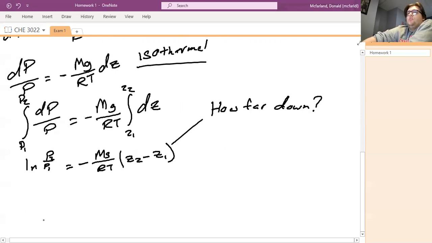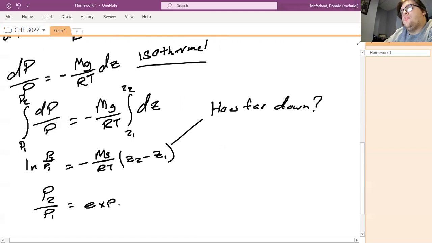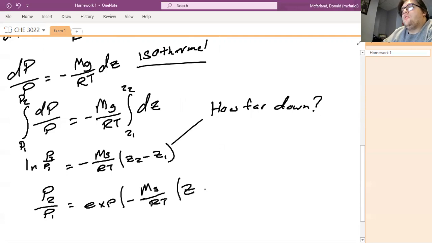Once we give the equation how far down it is, we now need to get this out of the natural log. To do that, we take the exponential of both sides. So P2 over P1 is the exponential of negative Mg over RT times how far down we want to go.